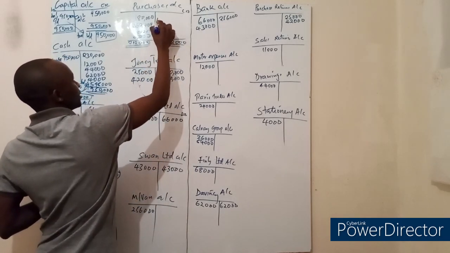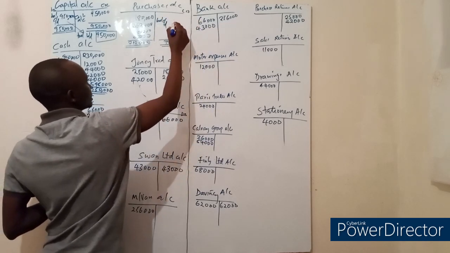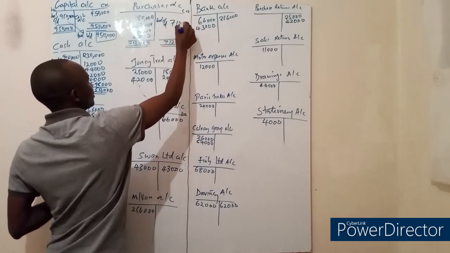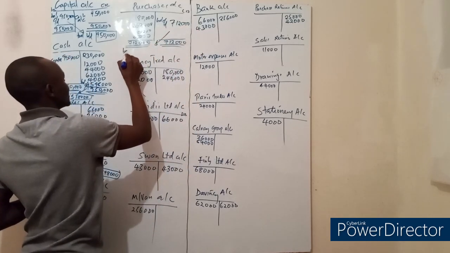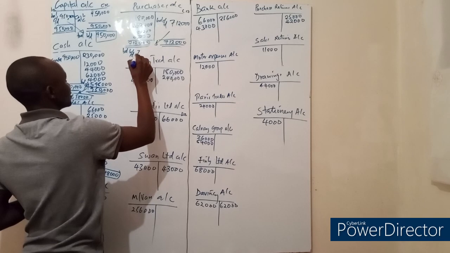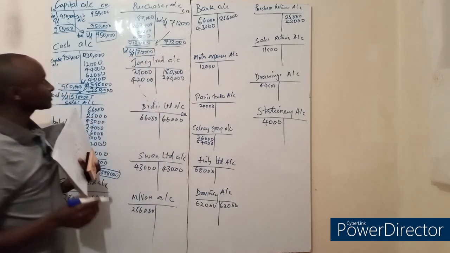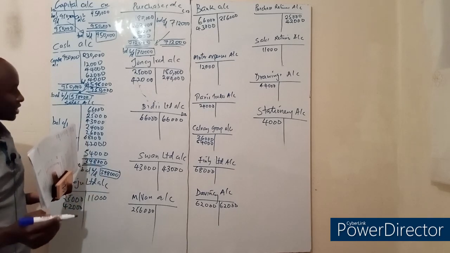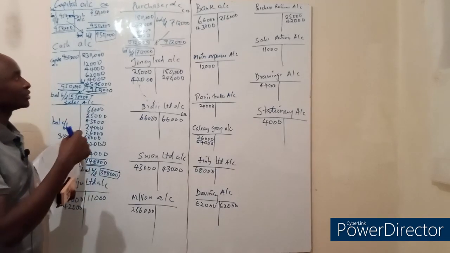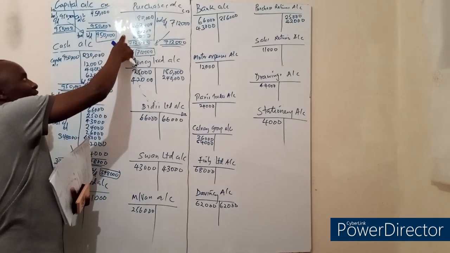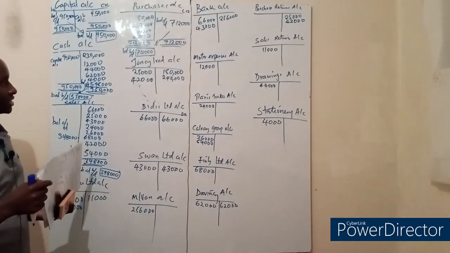You write balance that is going to be carried down to the next financial month of 712,000 Kenya shillings. Directly opposite, you write balance brought down of 712,000 Kenya shillings. Are we together? So in the month of February, the purchase account will have a debit balance of 712,000 Kenya shillings.